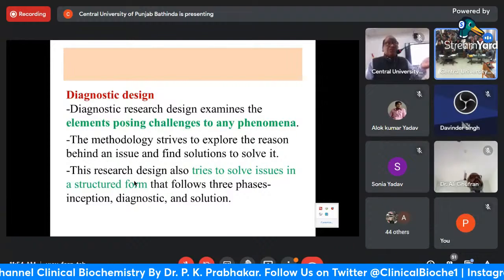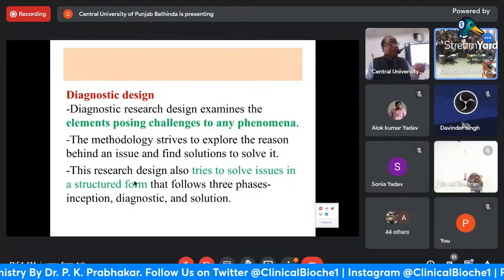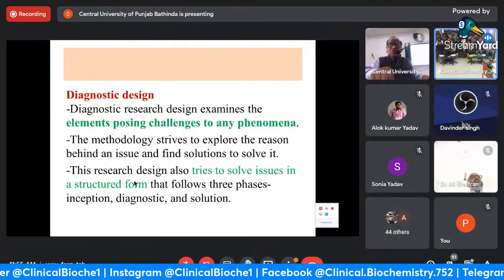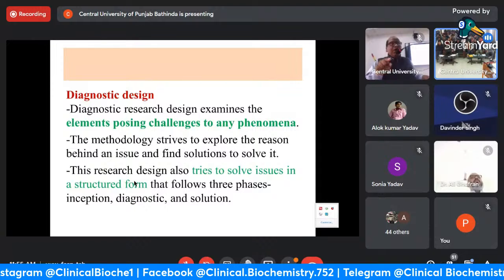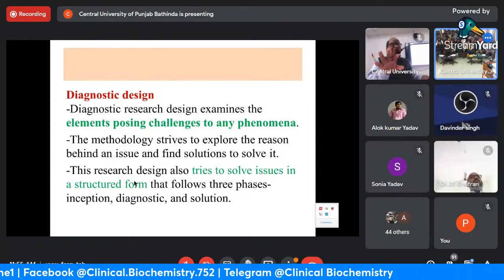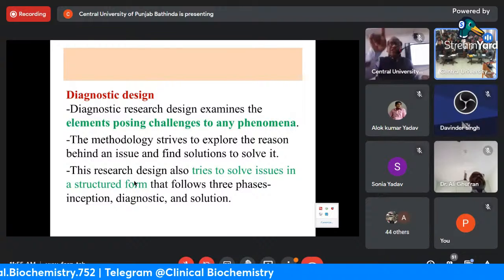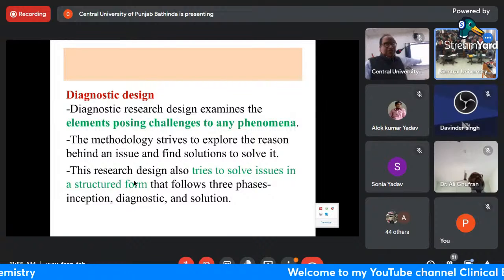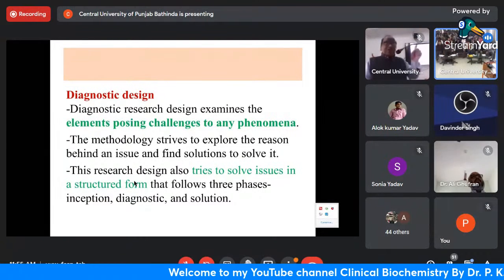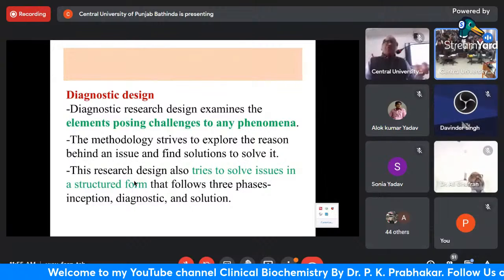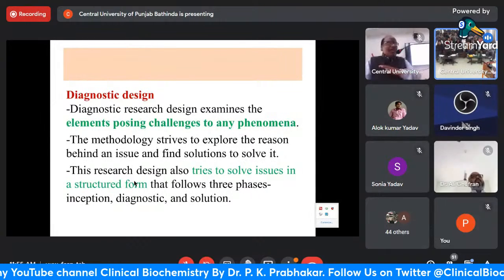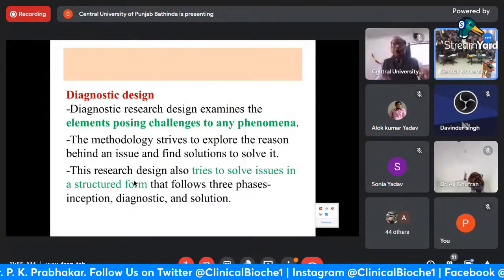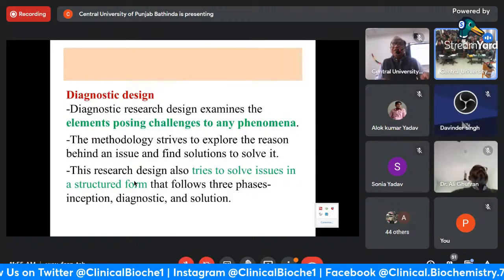You can use certain tools, you can make certain interventions also here, and on the basis of the diagnosis, you will be able to know what the root causes of the problem are. Then only you provide certain measures for the improvement of that problem. That will lead towards a viable solution of the problem. And diagnostic research is conducted where the problem is more critical, where certain interventions are more needed. I hope the participants may get some understanding to a certain extent.